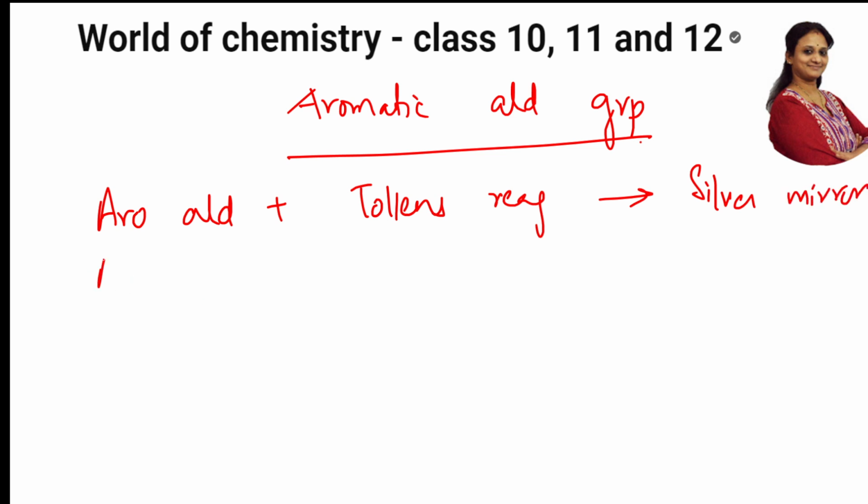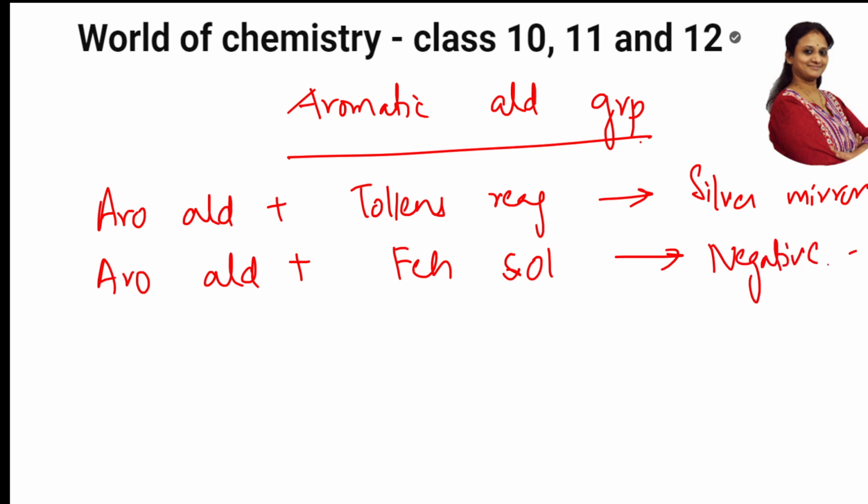Correct. Aromatic aldehyde reacts with Fehling solution and the test is negative. They don't react with Fehling's. In this case, silver mirror, we will be getting a silver precipitate, but in case of Fehling it is a negative test. Remember.